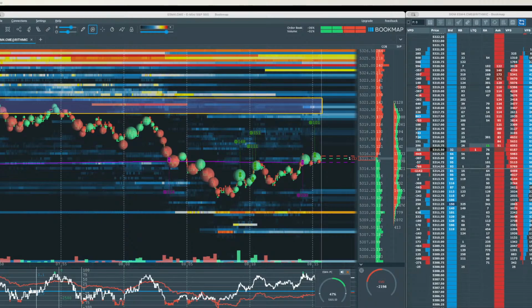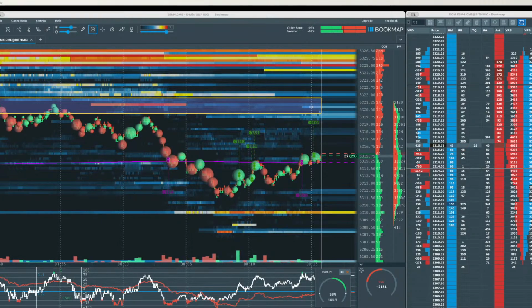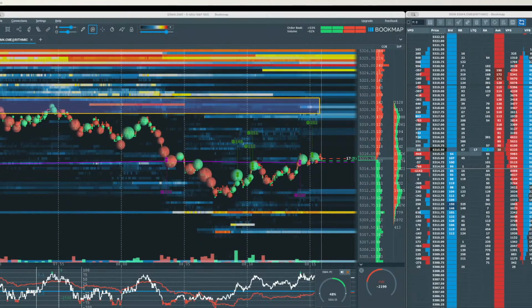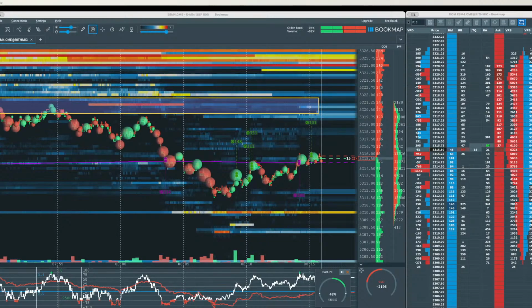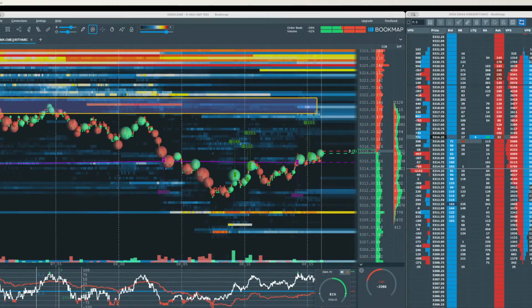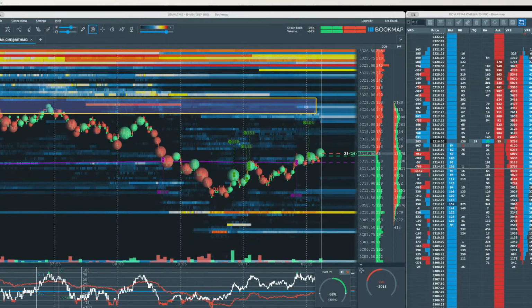Then get back in and enter the market if it finds resistance back at the high of day again. All right, I'm going to step away for now, but I'll leave this here.